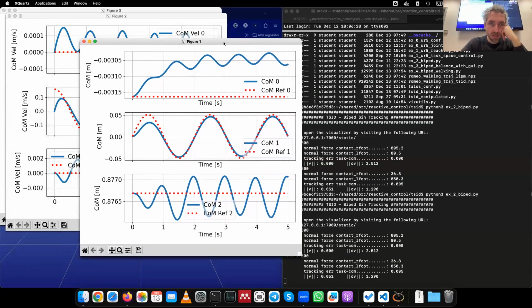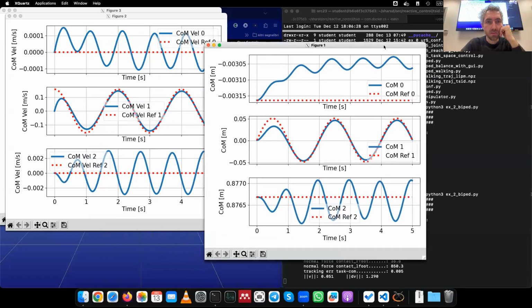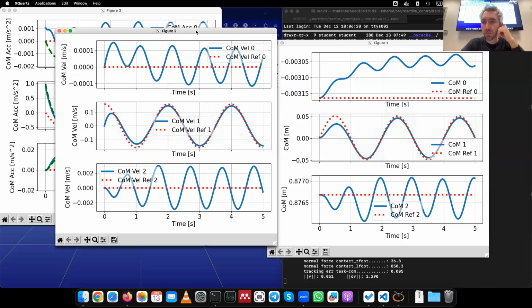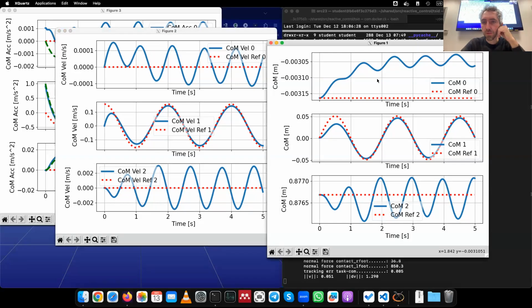Okay, so we can see the tracking of the COM. So this is CM0, CM1, CM2. So this is XYZ of the CM position. Well, the sinusoid is only in the y direction.